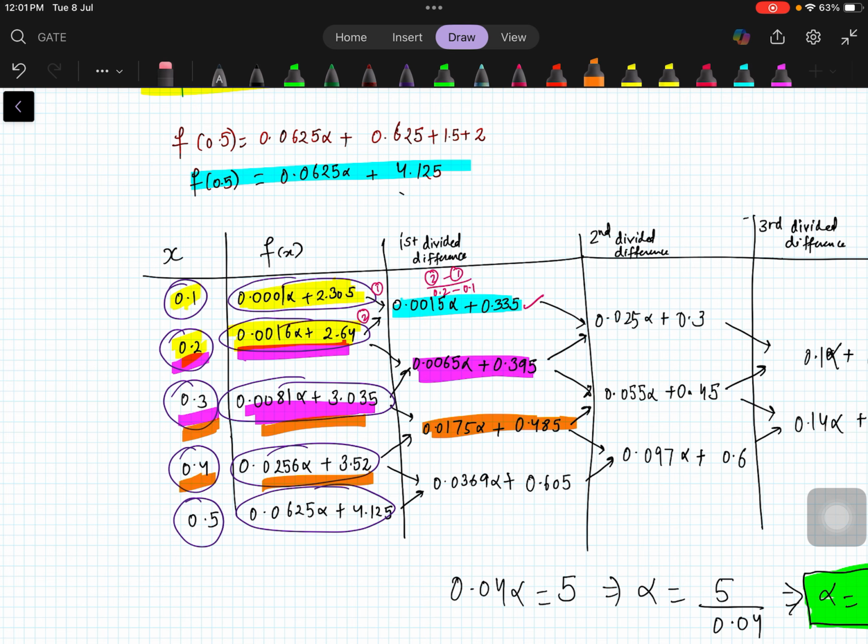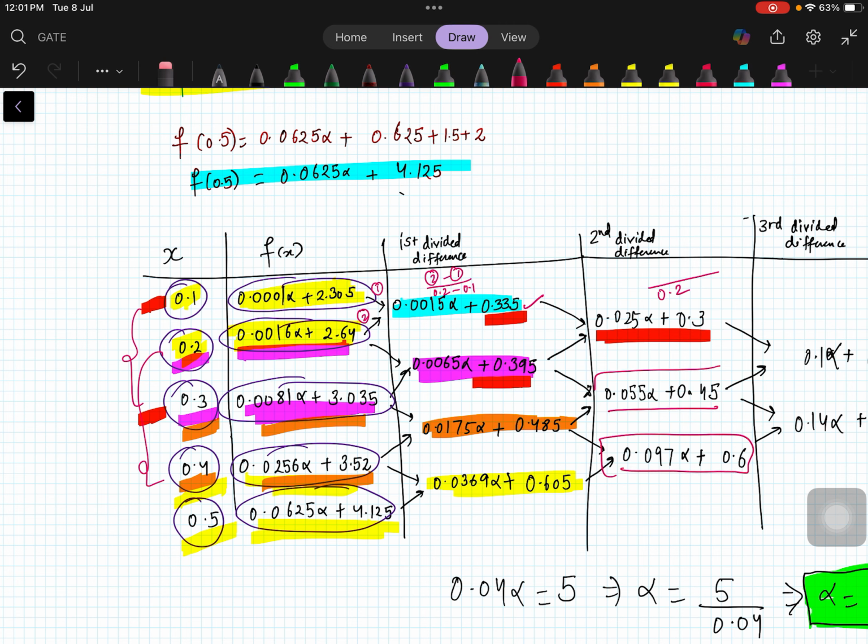And then this quantity is this minus this divided by 0.5 minus 0.4. Now when you move to the next column, this quantity is this minus this divided by 0.3 minus 0.1. So here you will divide by 0.2 because the gap is 0.2. Like this you will be doing, and similarly for this quantity and this quantity.